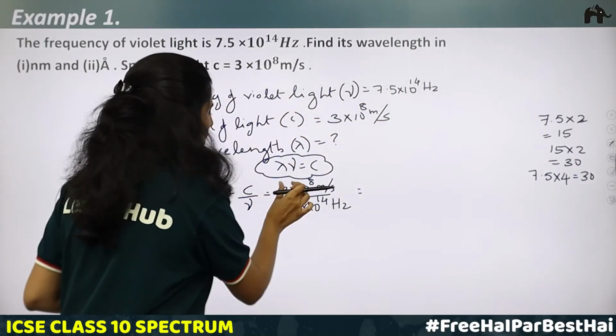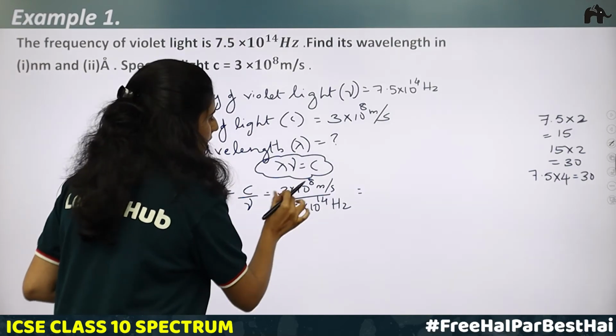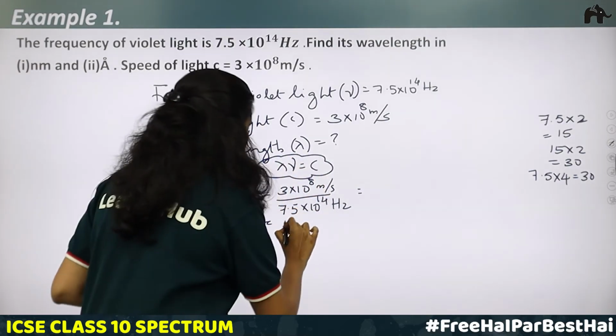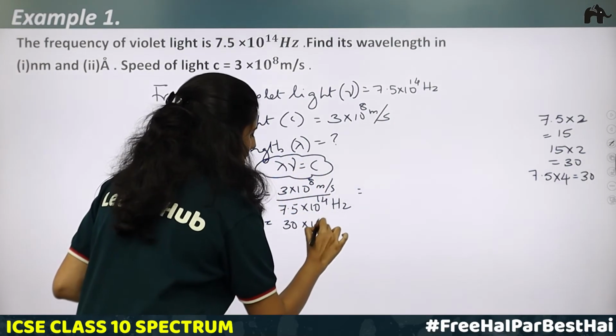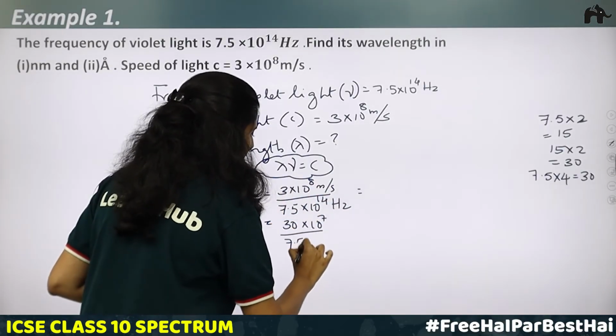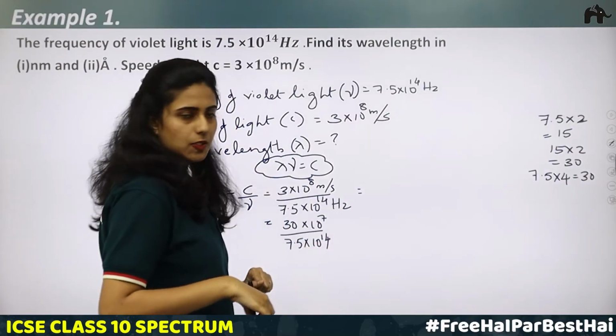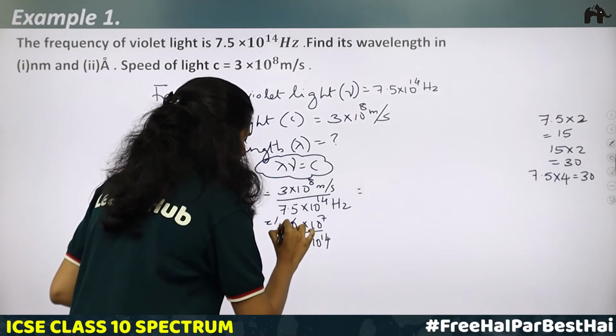So if you have 30, you can cancel 7.5. So 3 into 10 raised to 8 can be written as 30 into 10 raised to 7, divided by 7.5 into 10 raised to 14. Now cancelling, we get 4 here.